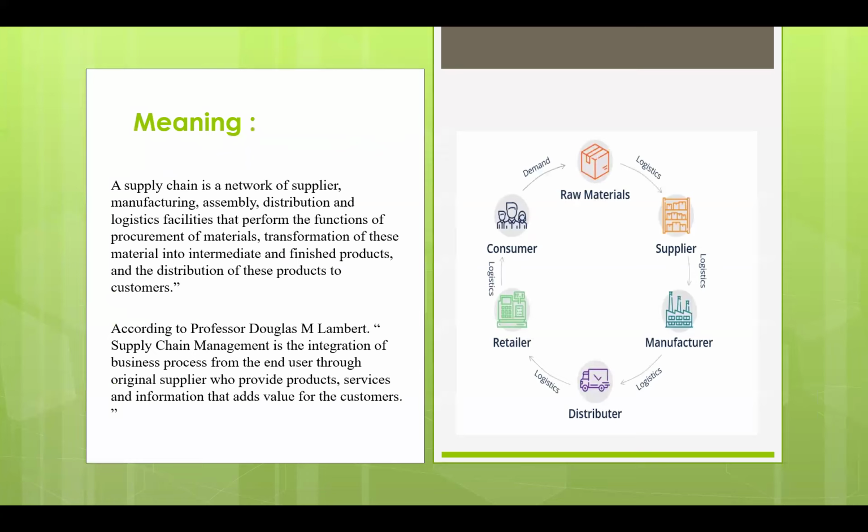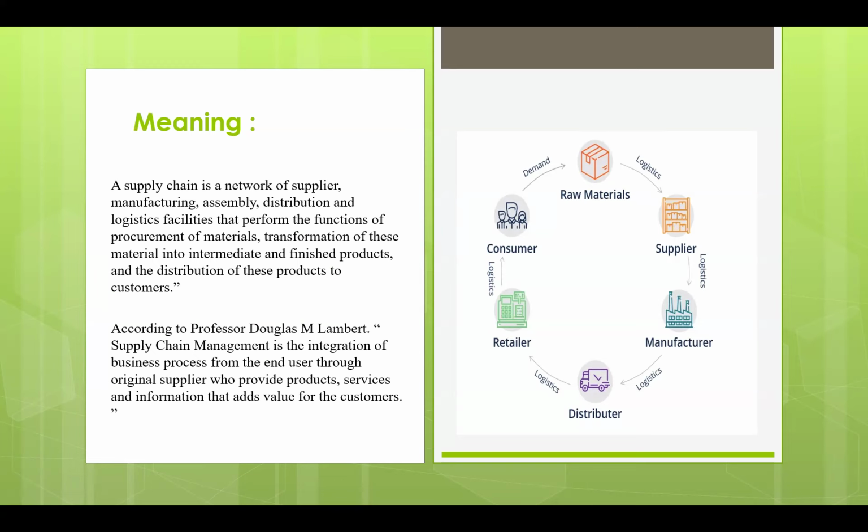Now, coming to the meaning of supply chain management. As we can see from the diagram, a supply chain is a network of supplier, manufacturing, assembly, distribution, and logistic facilities. And these perform the function of procurement of materials, transformation of these material into intermediate and finished products, and finally the distribution of these products to customers.